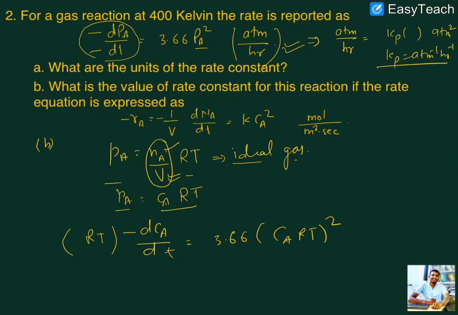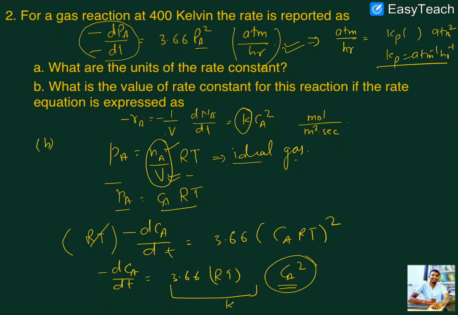Now if you rearrange, you get minus dC_A by dt equals 3.66 RT times C_A squared, as one RT cancels. So this is the new rate constant required here, because if you compare, this is minus dC_A by dt, this is k, and this is C_A squared.